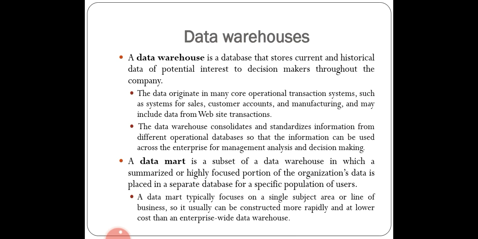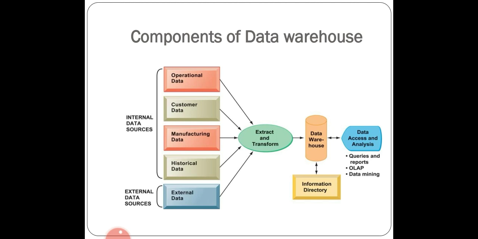A subset of a data warehouse is one that summarizes or highly focuses on a certain portion of organization data, for example, a certain portion of data in a certain department. That kind of database we call a data mart. A data mart is taken as a subset of a data warehouse.